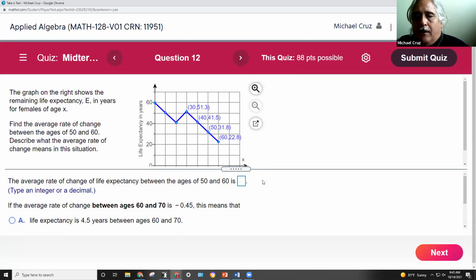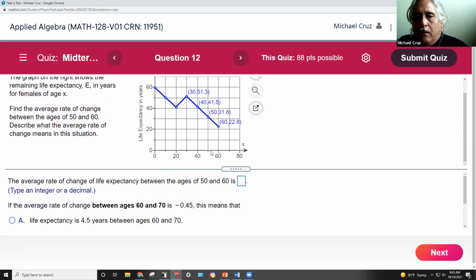I'll just tell you, this is the exact same thing as what we just did. You're going to find the average rate of change between the ages of 50 and 60. So you're using this point and this point, and you calculate the slope.